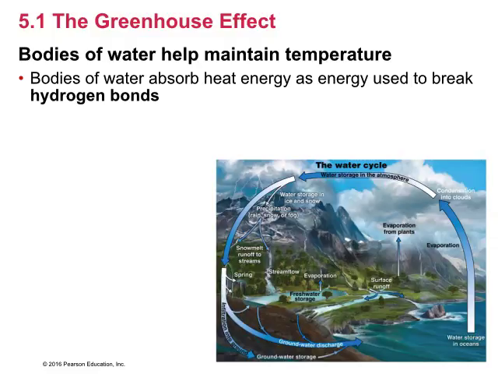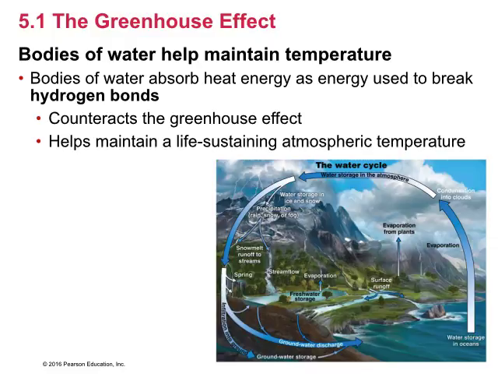So that's why it takes so freaking long to get that water to boil whenever you're wanting to boil an egg or make some pasta. So this action of water, that it absorbs heat energy, counteracts the greenhouse effect, and it helps maintain a life-sustaining atmospheric temperature. So let's briefly look at the water cycle.